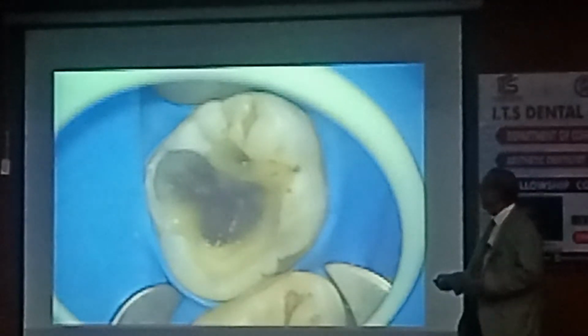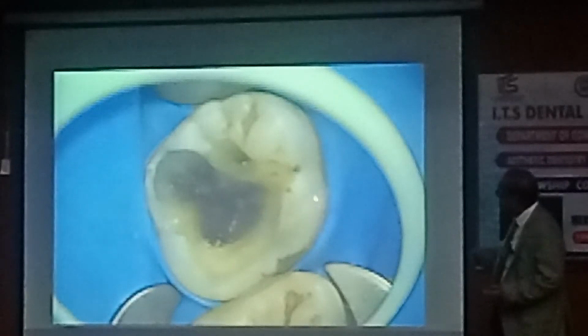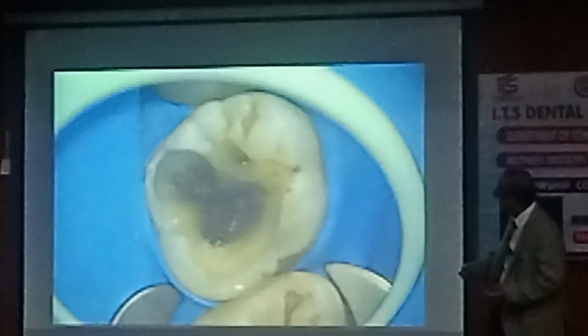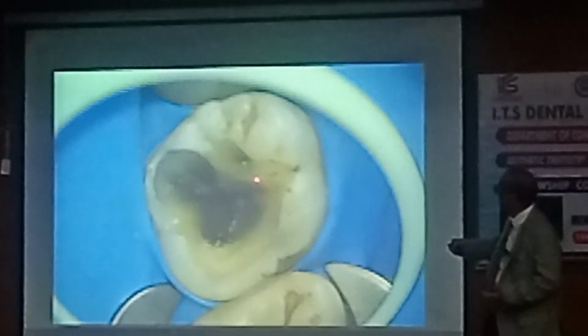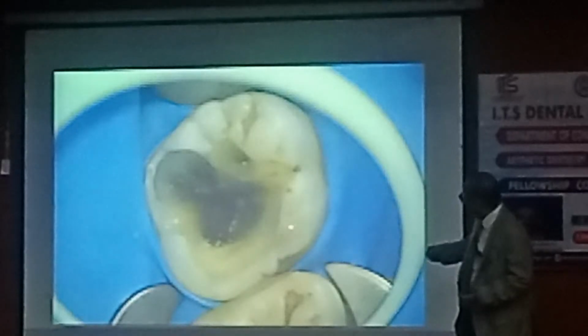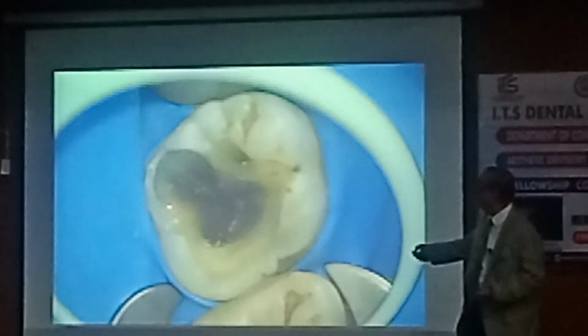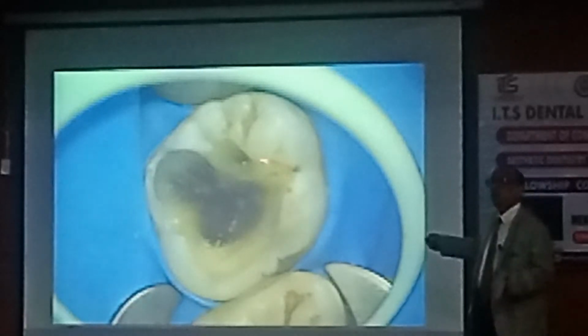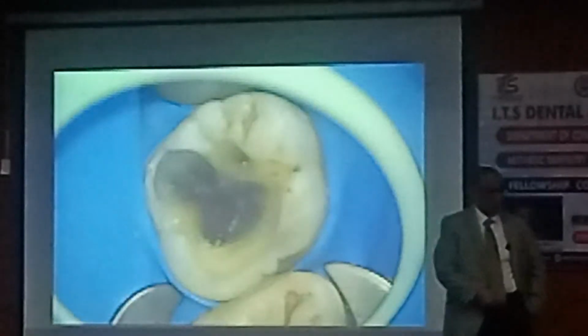Here you could see how you have this circle or wall, the circumference of your enamel, your little bit of marginal ridge, you've got enamel, then dentine, affected dentine, infected dentine. You have to sort out all this and try to preserve as much of the tooth structure as possible.